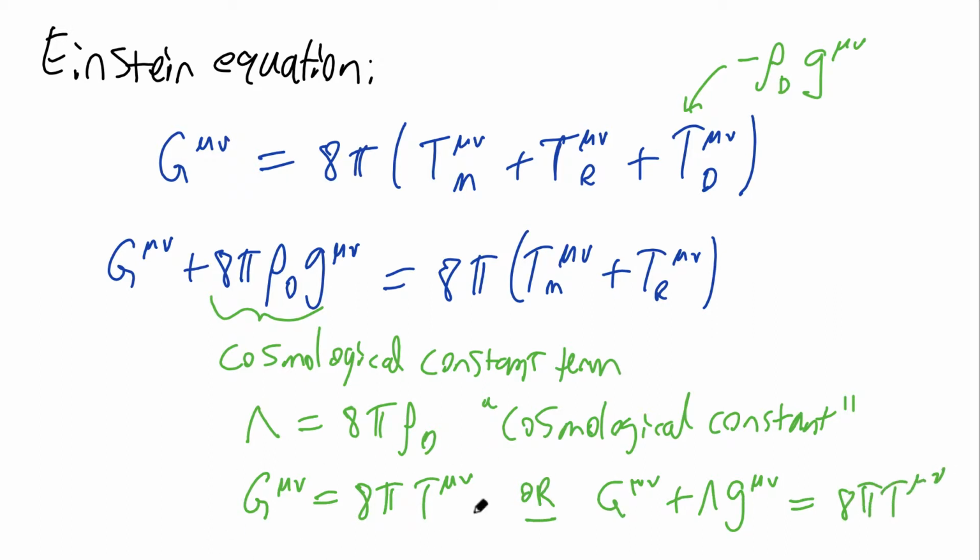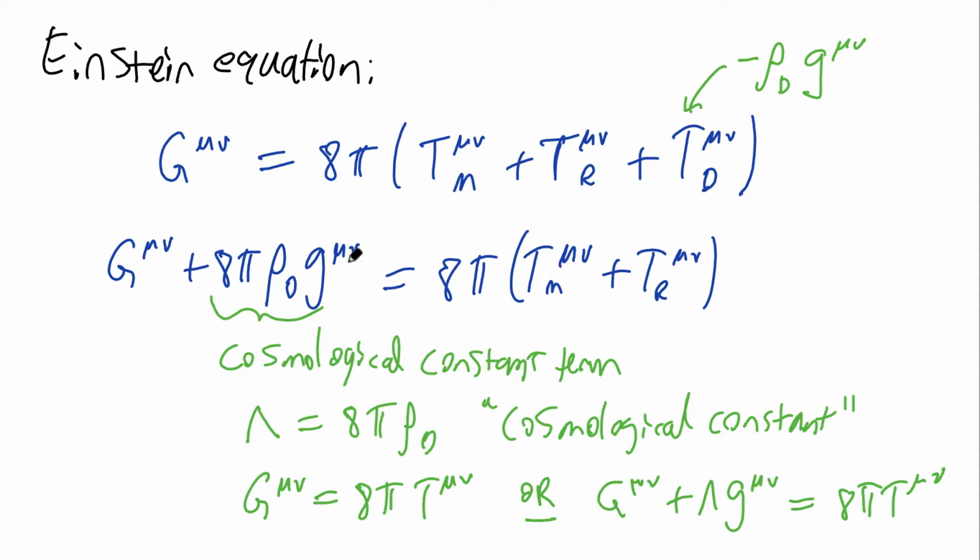Originally Einstein proposed the equations in this form, then he later added the cosmological constant, then he later took it back out, calling that the biggest blunder of his life. But now observations tell us that the cosmological constant term really does need to be there in the form of this dark energy or vacuum energy.